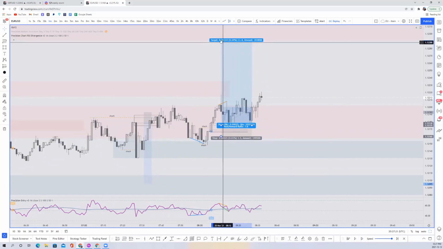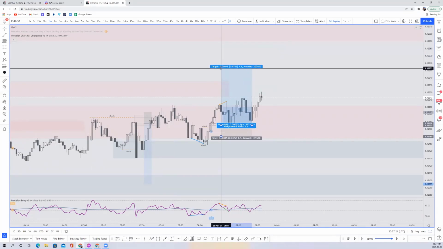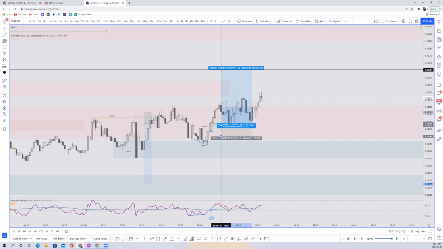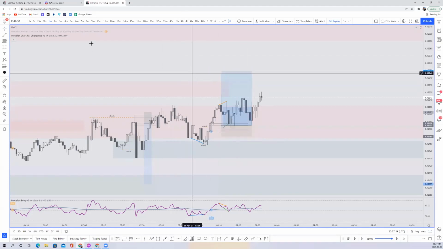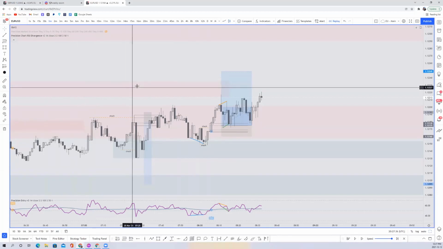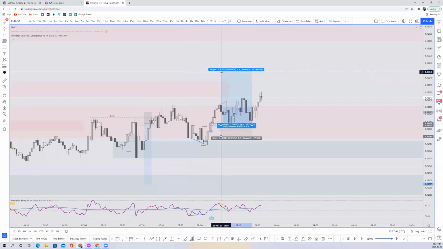And just so we know, wherever 5R is here. Yeah, so when we get to 5R, I am definitely taking like 50% partials. What we can do is even just do this 5R, leave a little line there.